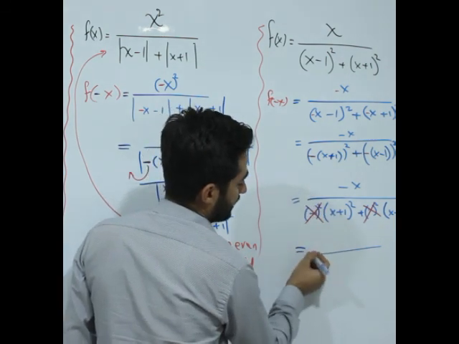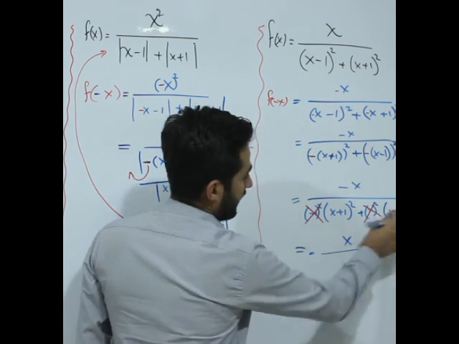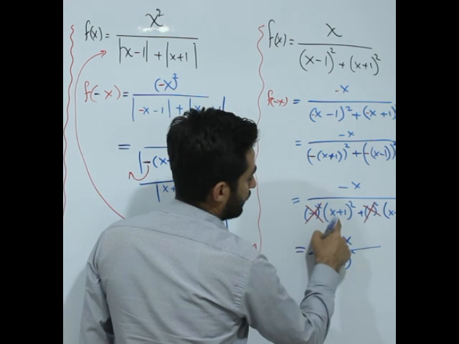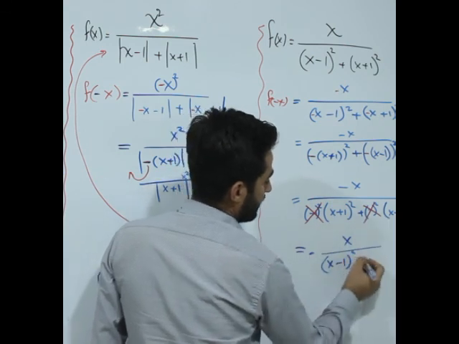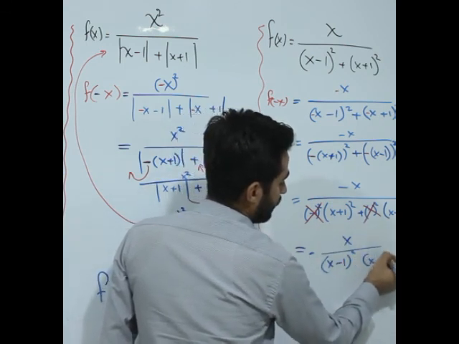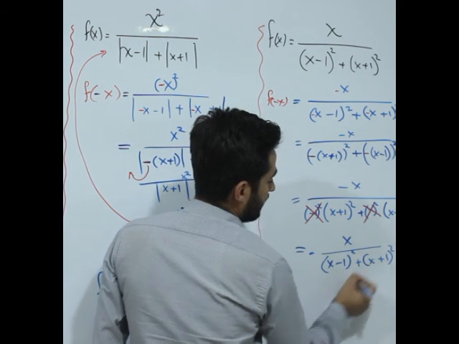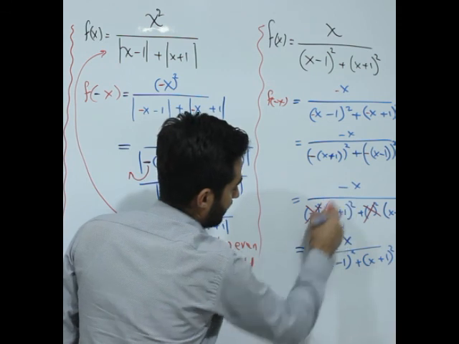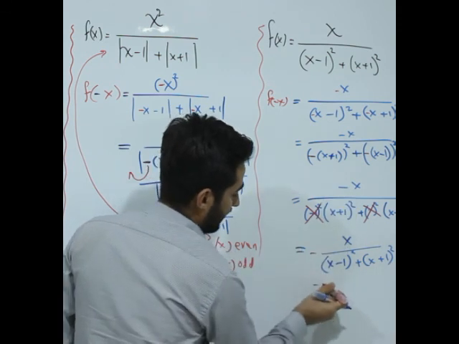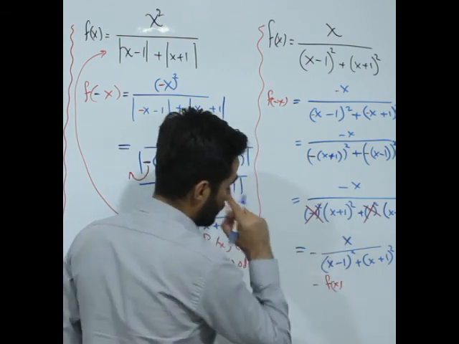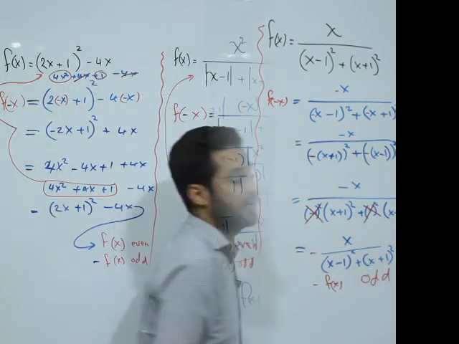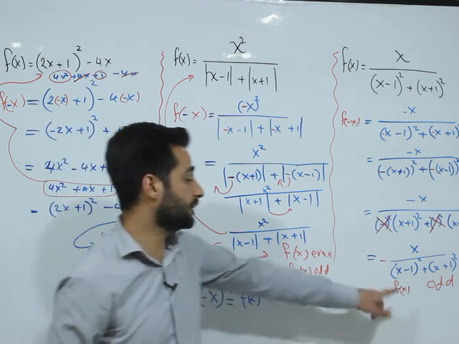Bring it here, x, and bring this to front, x minus 1 to the power of 2, and bring this in the place of this, x plus 1 to the power of 2. So this is equal to a negative, because I brought this negative to here, equal to negative f of x. So this is an odd function, guys. This is an odd function and symmetry with respect to origin.